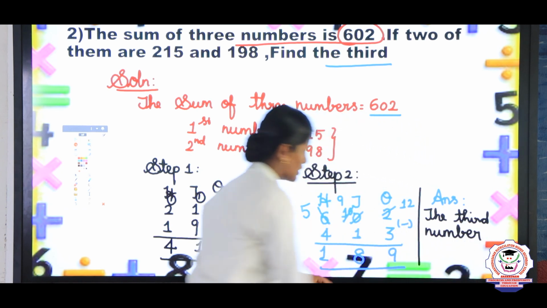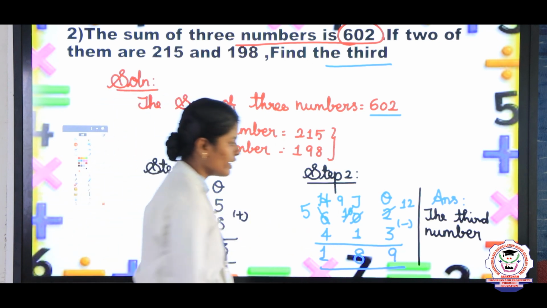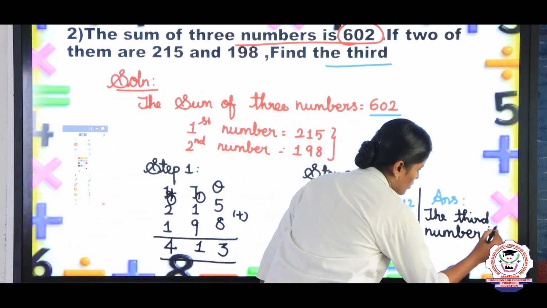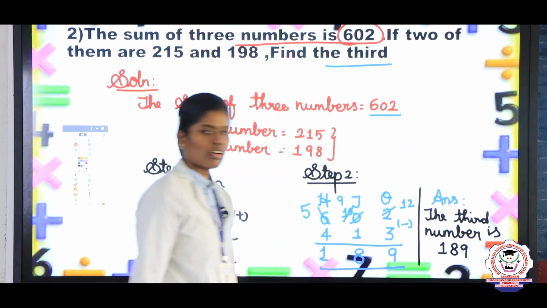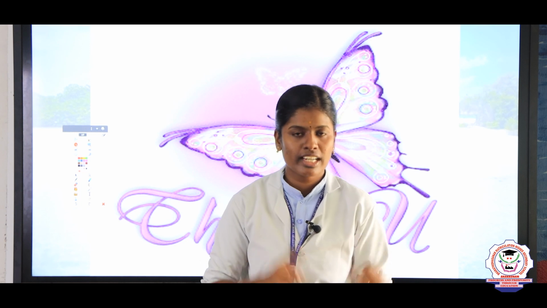What is the third number? The third number value is 189.